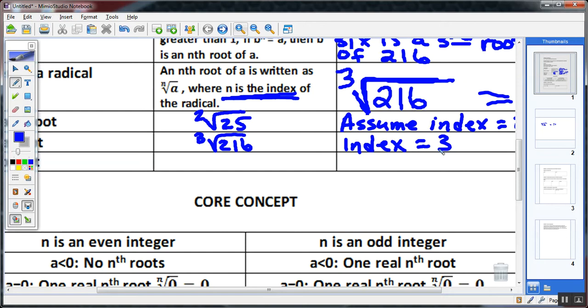And it's going to be pretty simple. But an exponent, if I wrote something like 7 to the 4th power, in 7 to the 4th, what's the exponent? Four is your exponent.